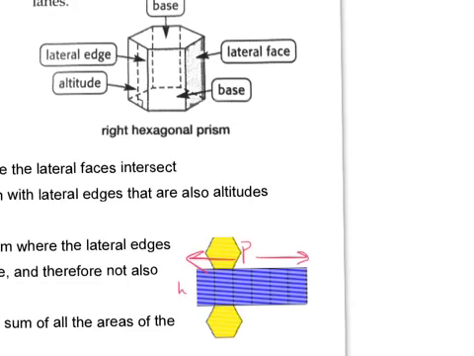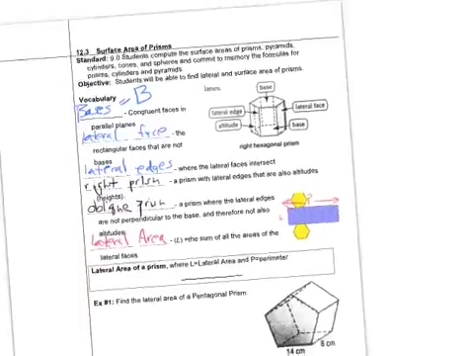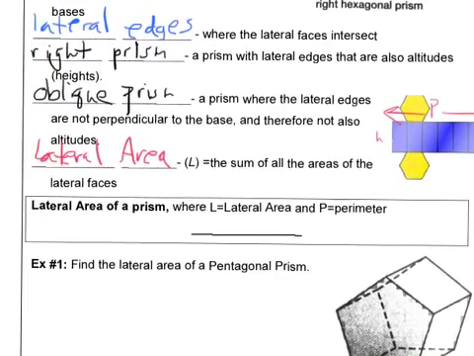If you look, all the lateral edges when lined up make a rectangle, with the base being the perimeter of the capital B base hexagon, and the h being the height. So we could just take the perimeter times the height. That's actually going to give us the lateral area. And so that's where we get this formula: lateral area equals perimeter times height.